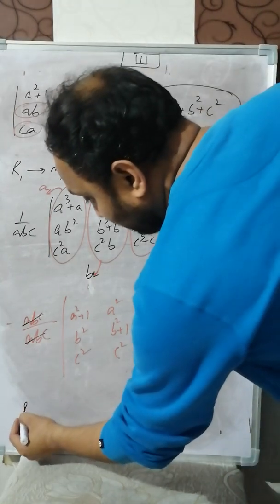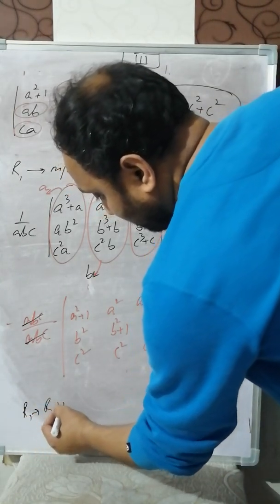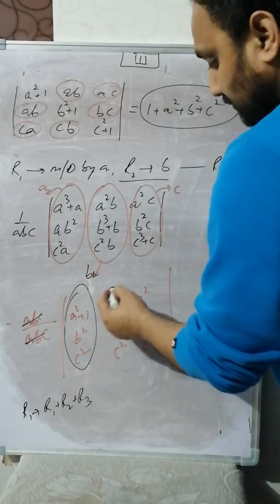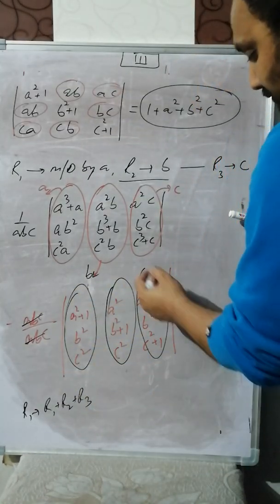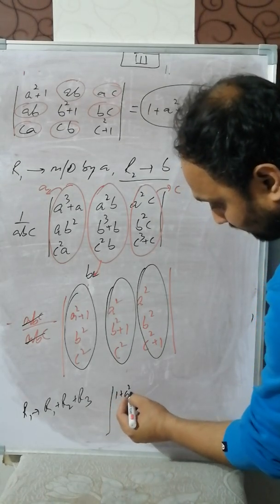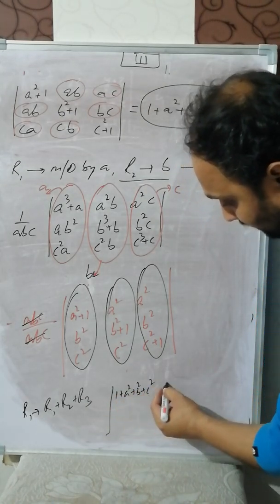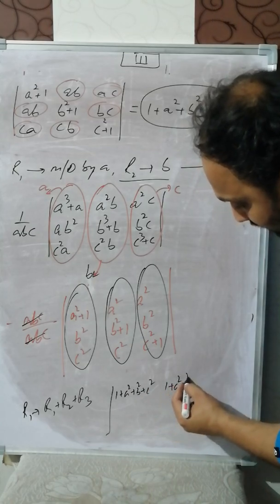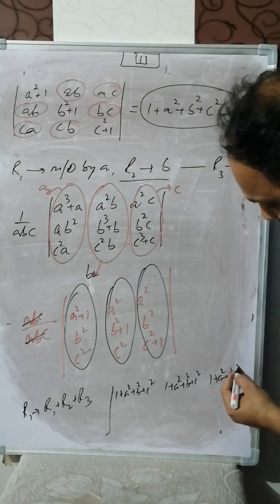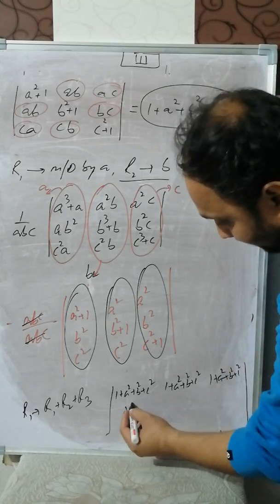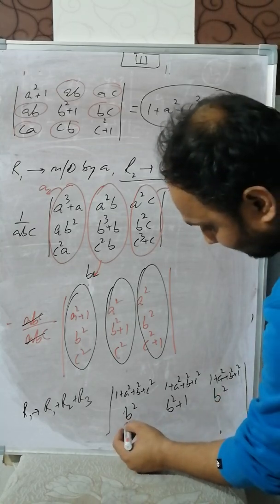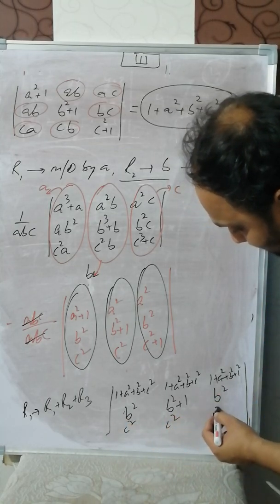So preferably you go with R1 plus R2 plus R3, so it will be 1 plus A square plus B square plus C square in each entry of the first row, and the rest of the entries will be exactly as they are. C square, C square, C square plus 1.